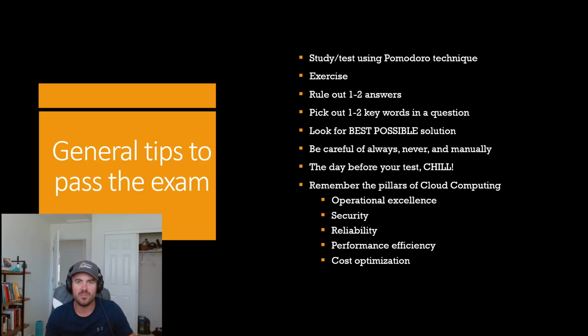So say, for example, you have a requirement to provide the most cost-optimized solution, and you've got two answers that both will meet the performance needs of the solution, but one's cheaper than the other, okay? Because it specifically asks about cost optimization, then you want to choose the answer that, again, will work, but it's going to be cheaper, okay?